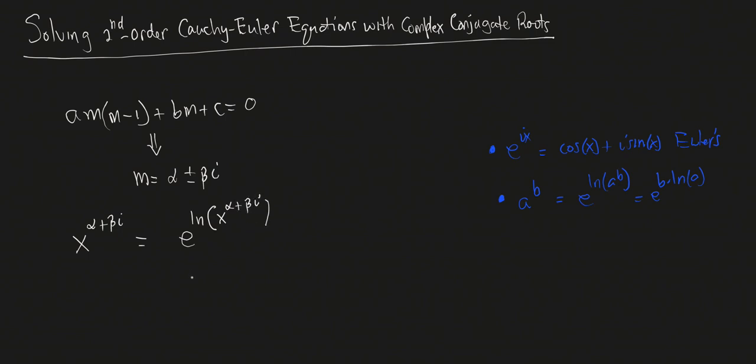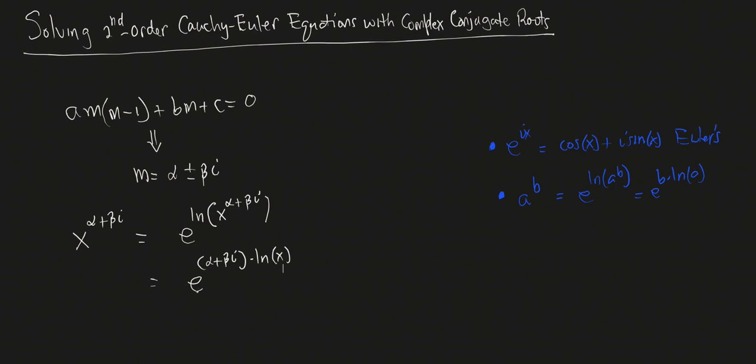Certainly looks like we're making it messier, but what we are allowed to do now is to take that alpha plus beta i and put it as a multiple, a coefficient of the ln, right? So then it looks like e to the quantity alpha plus beta i, and then I'm left with the natural log of x there, right? And remember, everything here is valid because of our existence and uniqueness theorem. We're working with the interval where x is greater than 0. So again, everything here is valid, right?